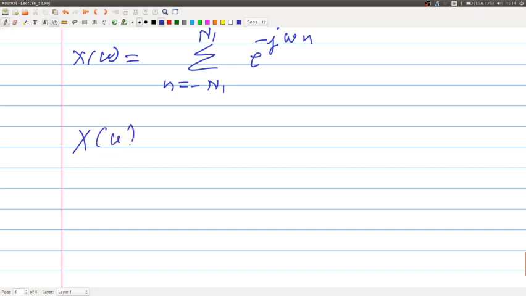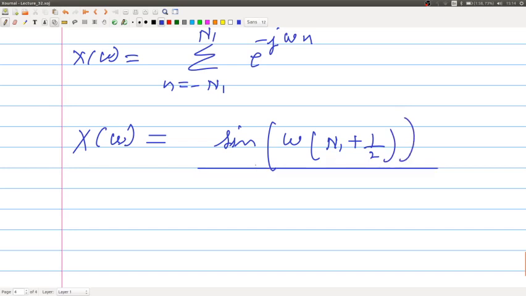What you should do is simplify the expression in this form: sine of divided by sine of omega by 2. So you should be able to show this.